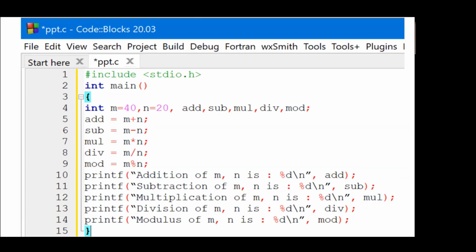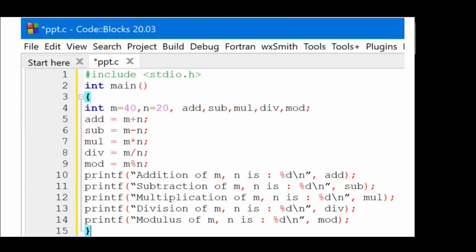Because we're going to be doing addition, subtraction, multiplication, division, and modulus, we have add, sub, mul, div, mod as variables that have also been declared because we are going to be using them.